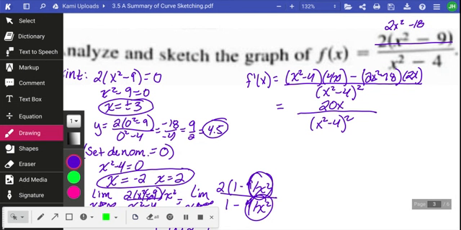Do you get that? Okay, awesome. It's kind of nice that that cubic term canceled, because we have to solve this to put numbers on a number line, and that would just make it harder.